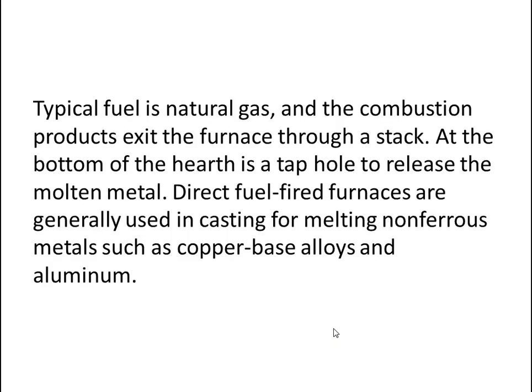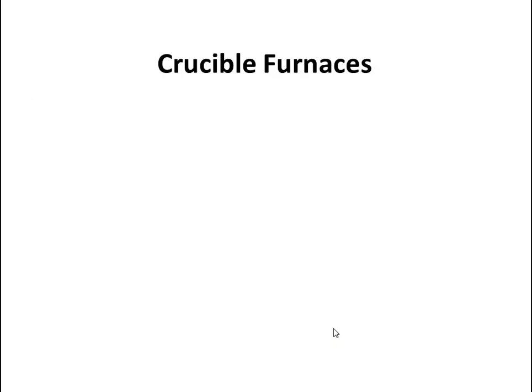Typical fuel is natural gas, and the combustion products exit the furnace through a stack. At the bottom of the hearth is a tap hole to release the molten metal. Direct fuel fired furnaces are generally used in casting for melting non-ferrous metals such as copper-based alloys and aluminium.